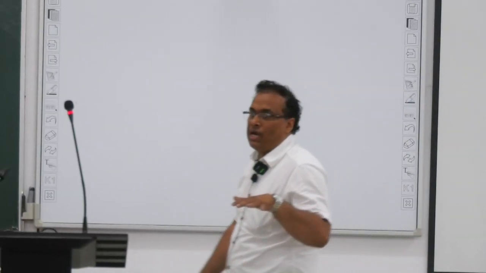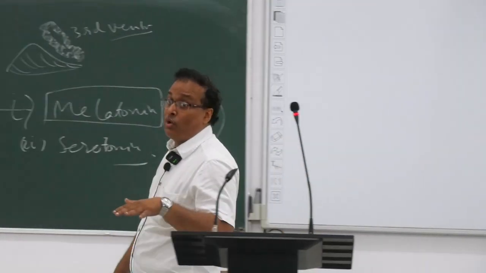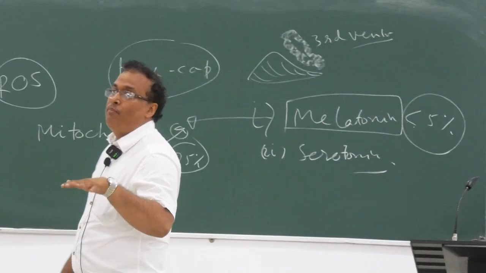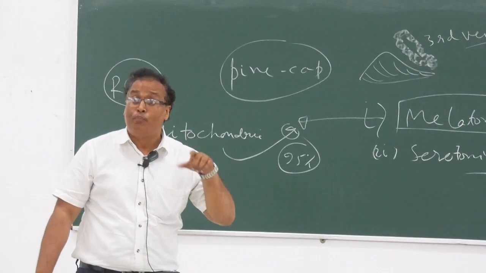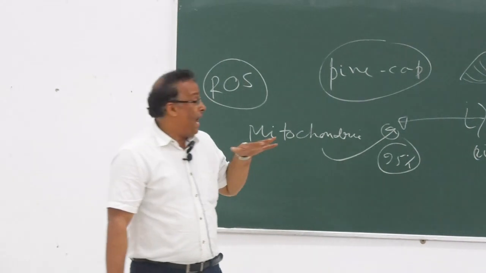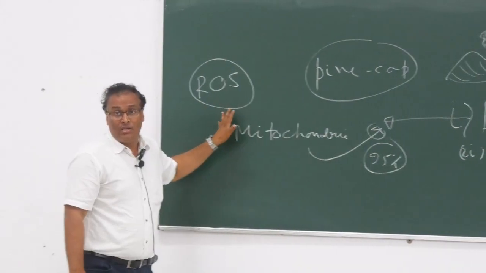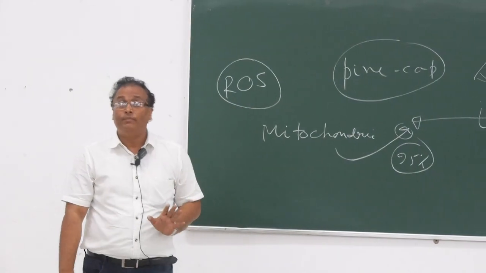Till now, we knew that the best antioxidants are vitamin C, vitamin E, and glutathione. But believe me, melatonin is now the superior antioxidant in our body.